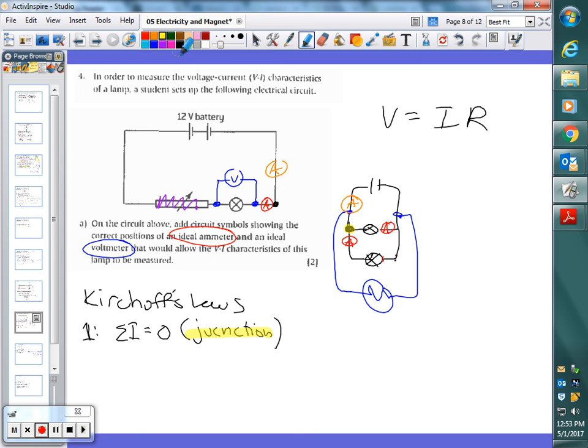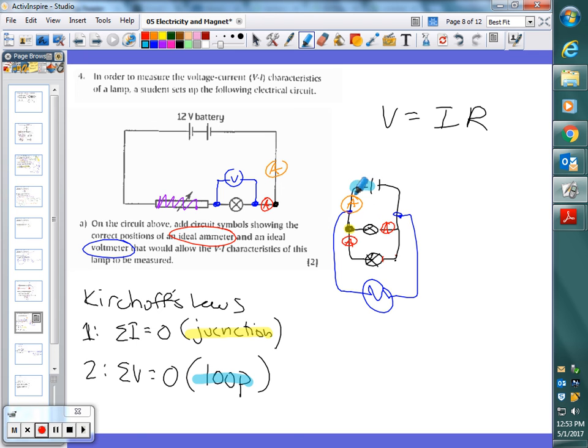But then Kirchhoff's second law says the total potential drop has to be equal to 0, but in this case we talk about a loop, okay? So now we have to look for a complete conductive path.